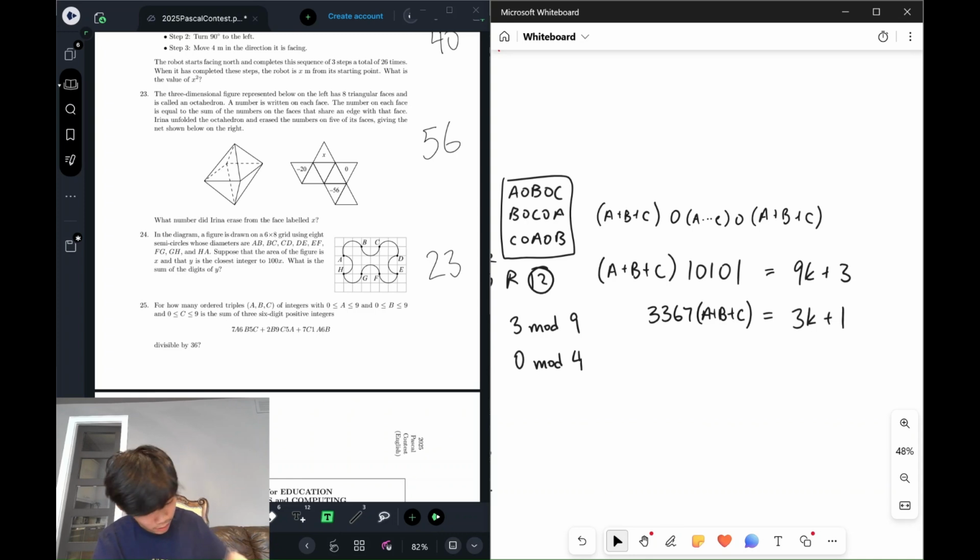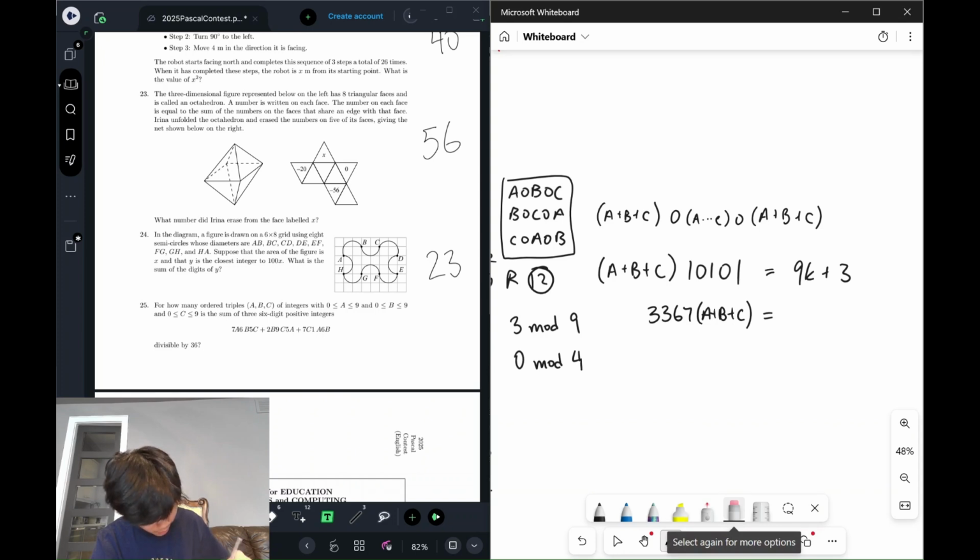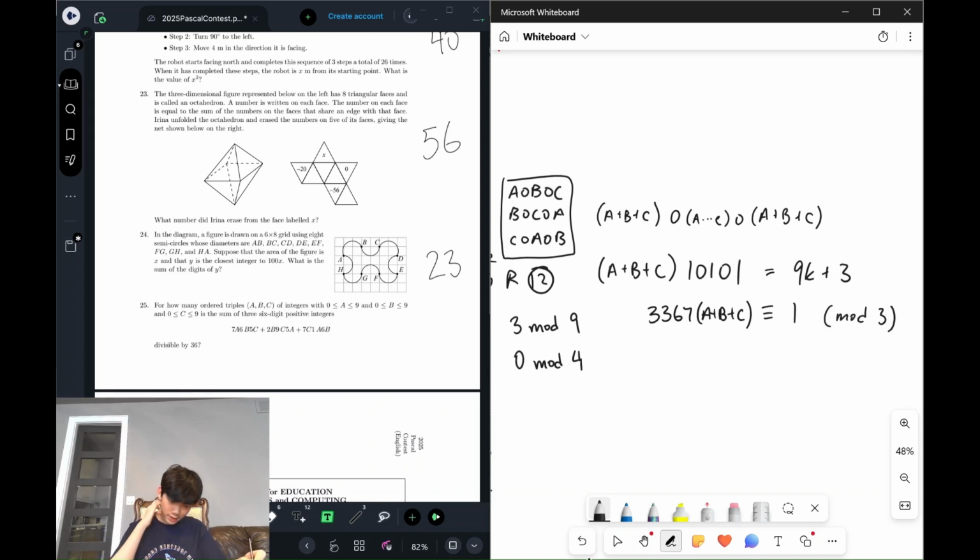So this is equivalent to saying that this is 1 mod 3. Now 3367 is 3366 plus 1, so that's also 1 mod 3, so we can cancel that.